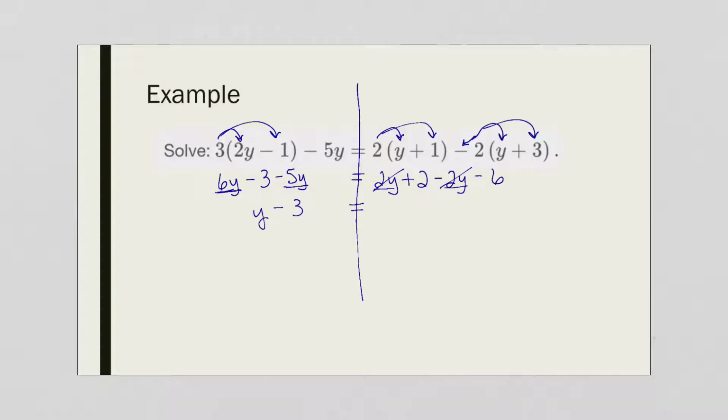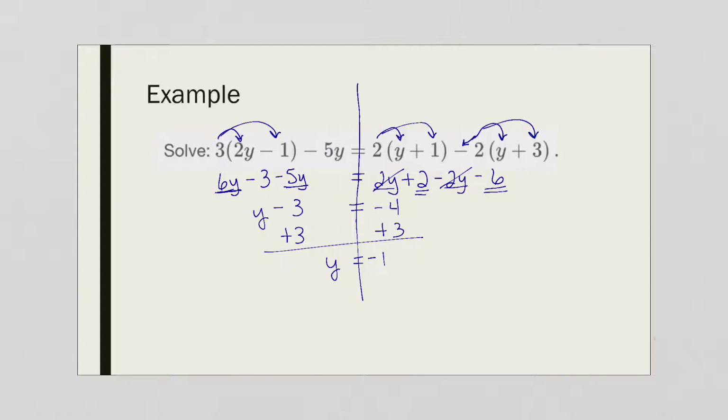Those go away. So I'm left with 2 and negative 6, or 2 minus 6, which is negative 4. Now, what we're left with is y minus 3 equals 4. So to solve this, we would add 3 to both sides. So you get that y is equal to negative 1.